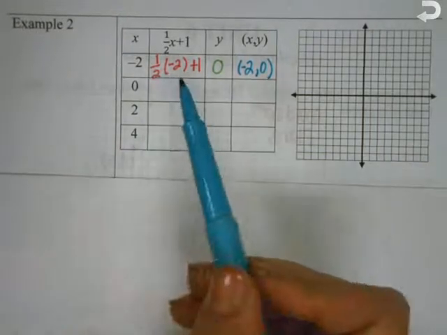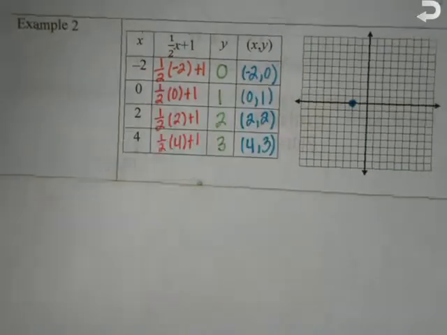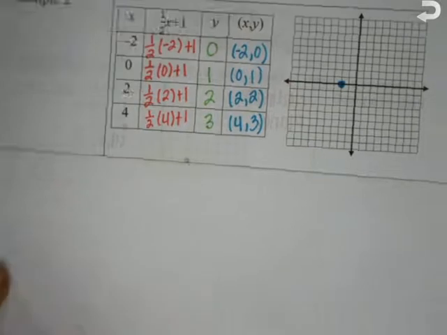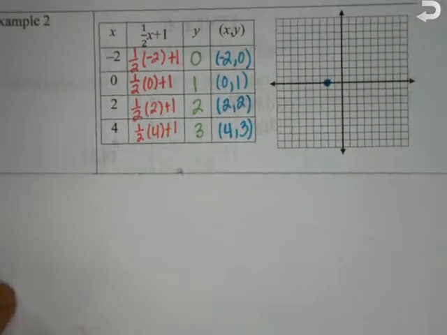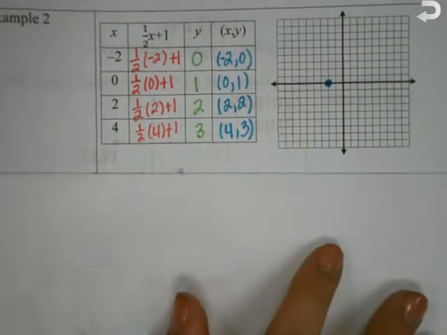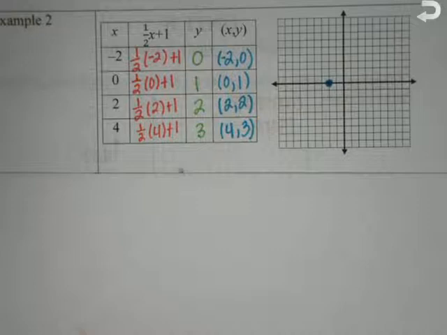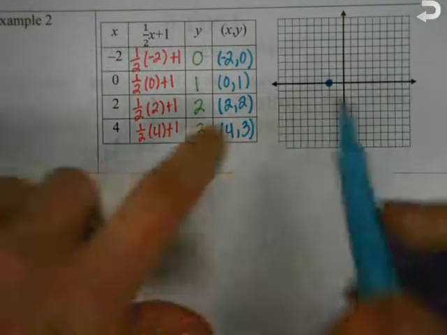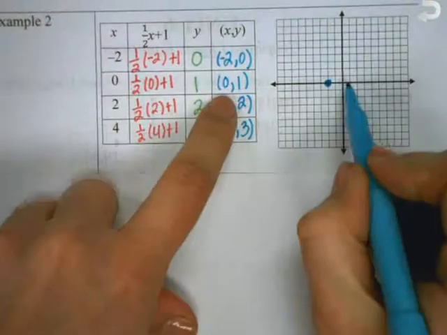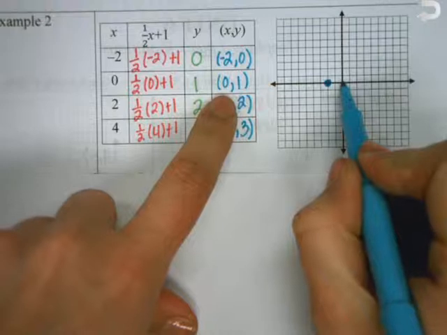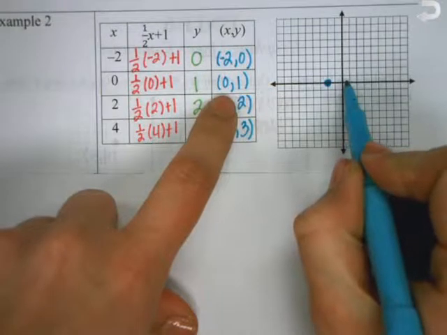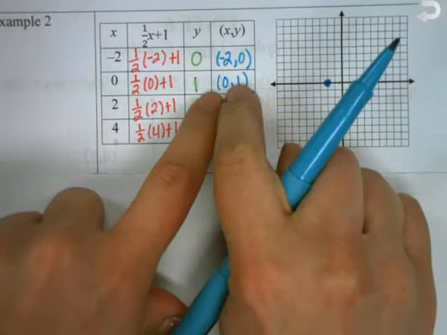For my chart, I have 3 points that I still need to graph. For 0, 1, I start at 0. Do I move right or left at all? X is 0, so I don't move right or left at all. But I go up 1 space.